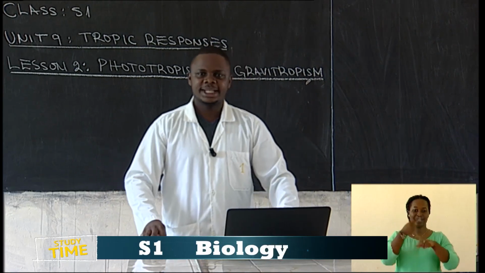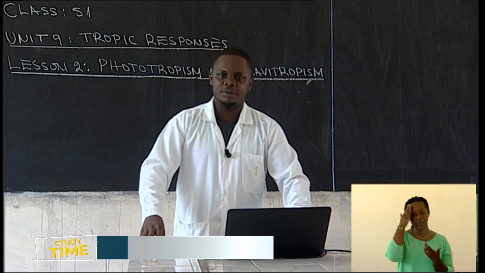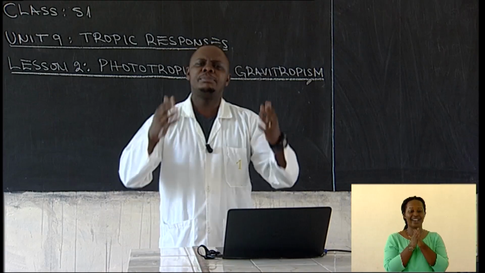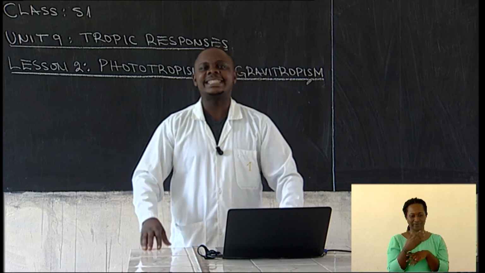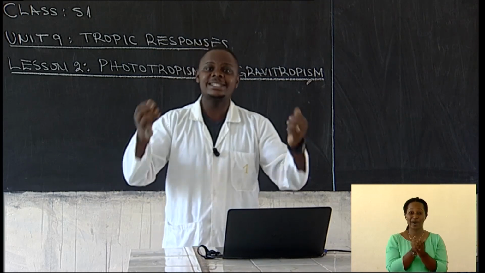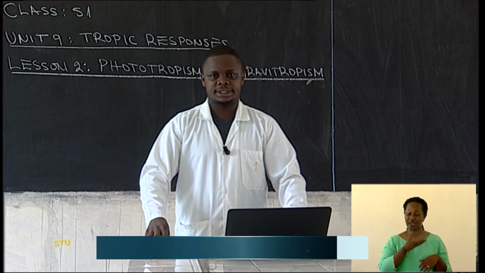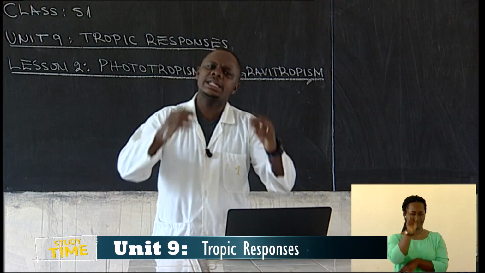Dear students, how do you know the beauty of our environment and what makes the environment beautiful? Excellent. It's because of the plants and animals we have in the environment. My question to you is, are plants living?